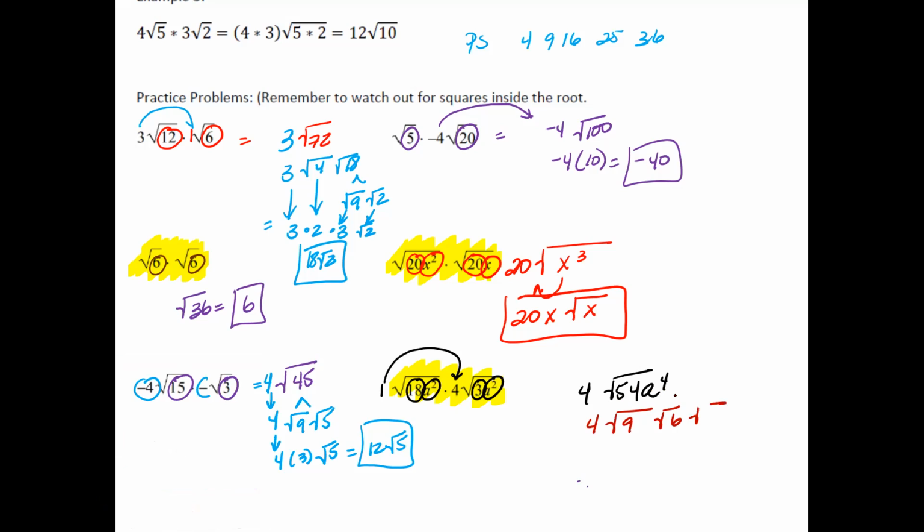And I also know that with your A's, you have 1, 2, 3, 4. So bring down the 4, square root of 9 becomes a 3, that 6 stays inside the square root. 2 a's comes out as 1. So then rewriting this, 4 times 3 is a 12. There are 2 a's, so a squared, square root 6.